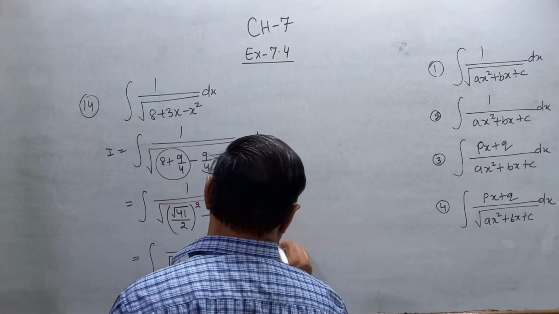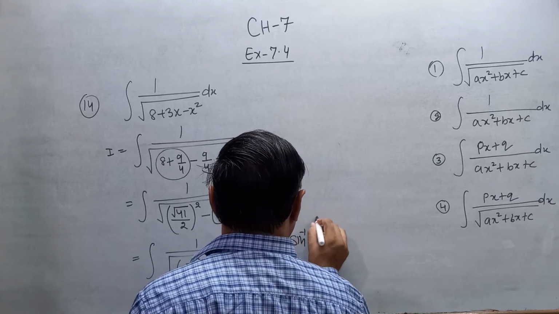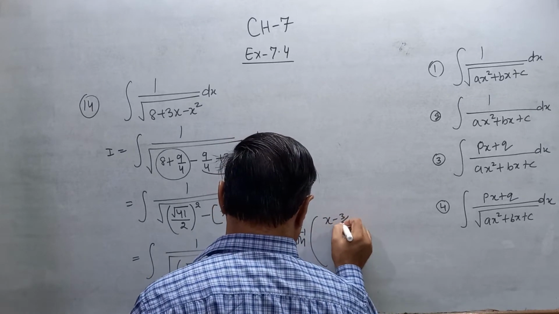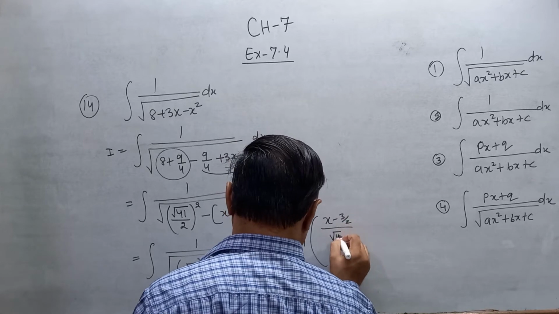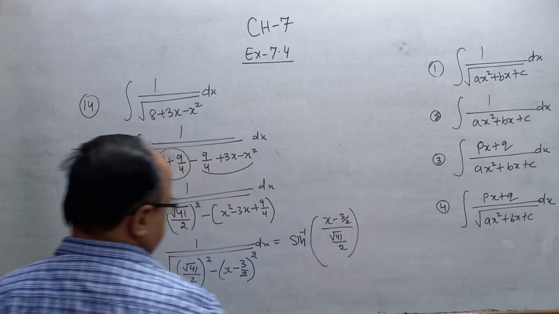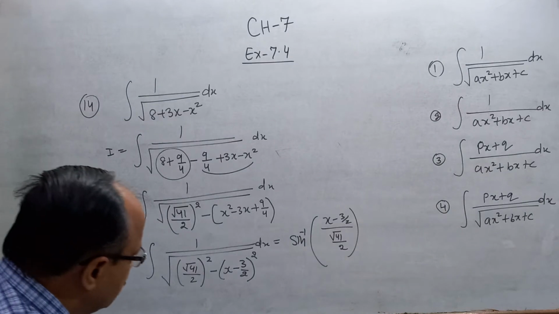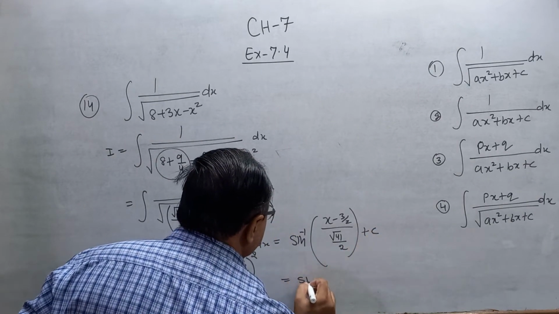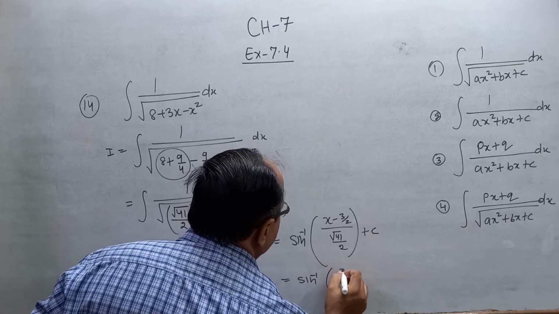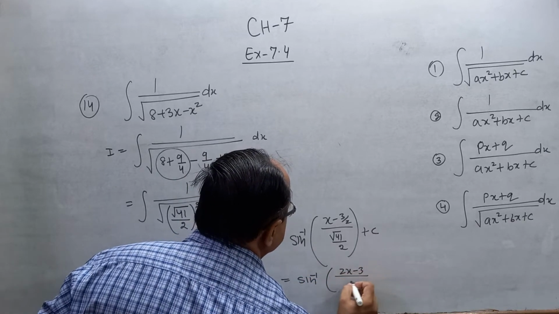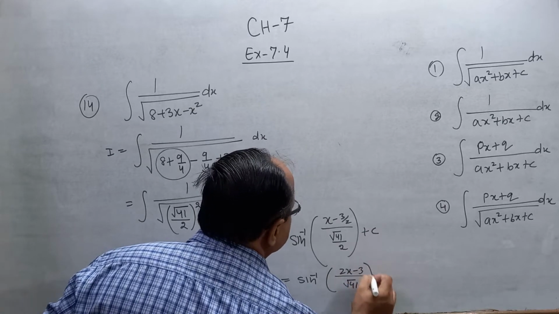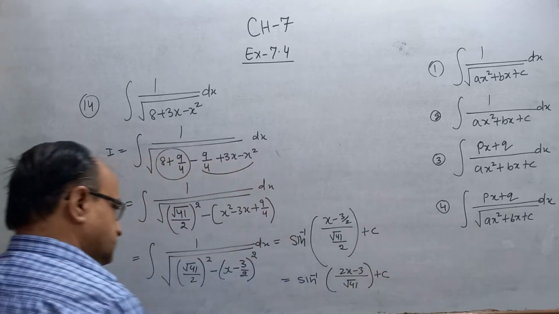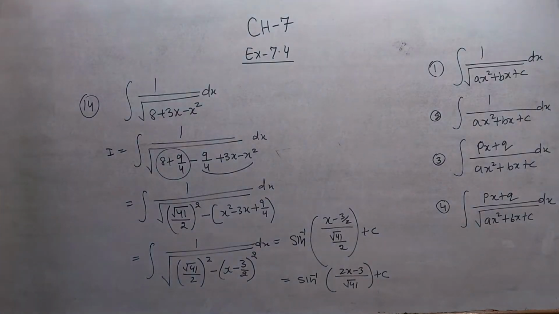So according to that, the answer is sine inverse x by a. Very simplified. When you simplify, that is sine inverse 2x minus 3 upon root 41. Clear? This is the solution of question number 14.